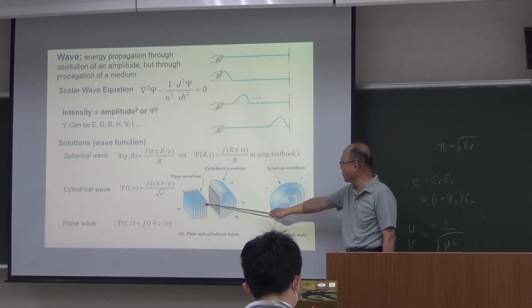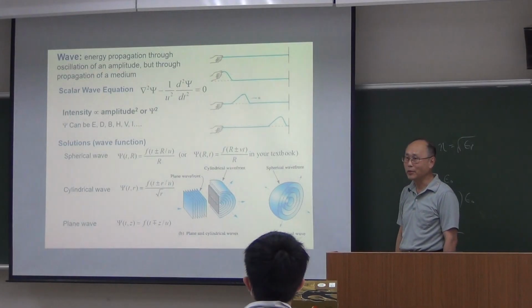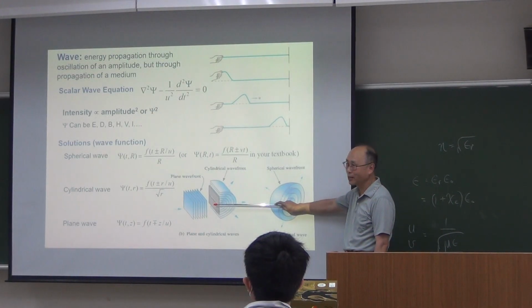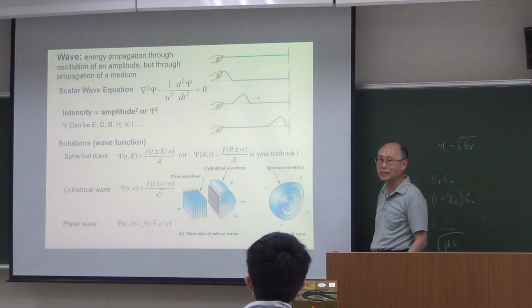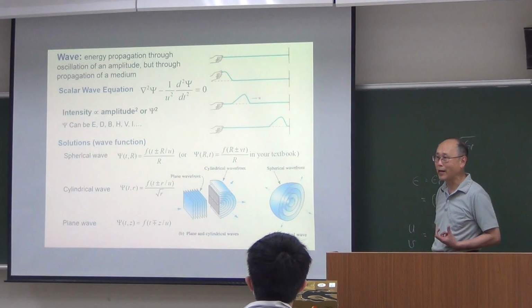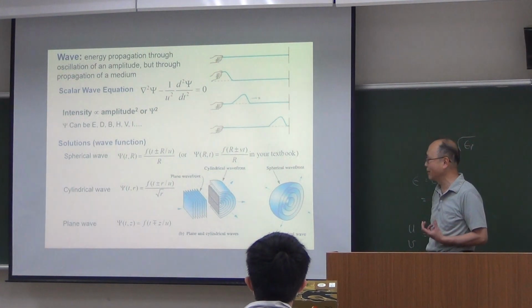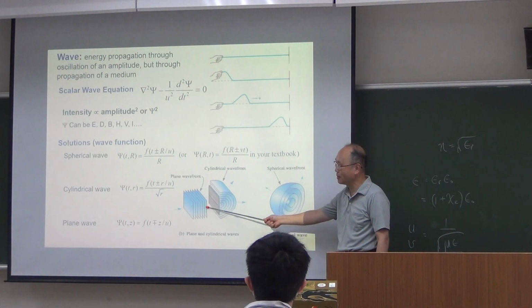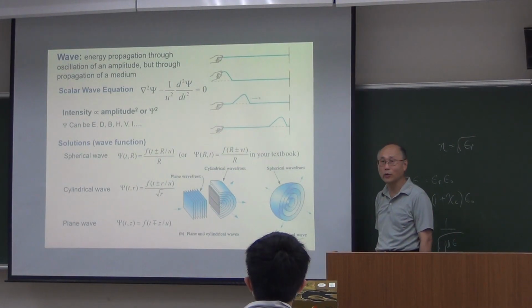One is plane wave, one is spherical wave, and one is cylindrical wave. The reason we categorize the wave into these three forms is because that is easiest for us to analyze. However, more complicated waves can be synthesized from the superposition of these three kinds of waves.